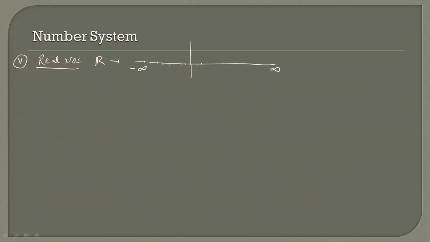From minus infinity to infinity, any number on this line is a real number. Suppose this is your minus 1, this is plus 1, plus 2, plus 3. Then here e also exists. e is an irrational number which is approximately 2.7. And pi also exists, approximately 3.14. So real numbers contain both rational and irrational, given as from minus infinity to plus infinity.